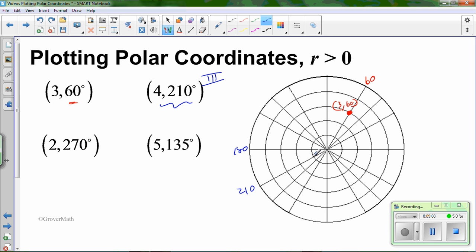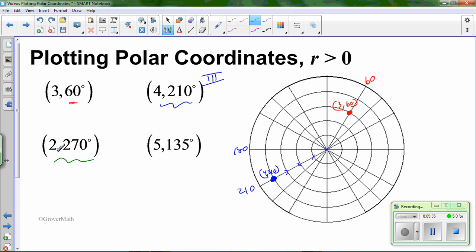And 4 out from the origin, 1, 2, 3, 4, would be right here. And so that's the point 4, 210. And again, I could have started here, went out 4, and then rotated 210 degrees, and I would get there. But I think actually finding the angle line first is easier, in my opinion, and then just going out that many.